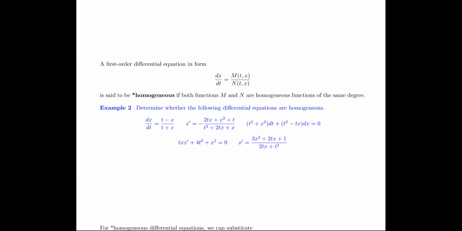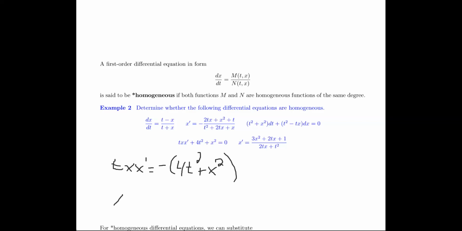If we look at this fourth one, we can move the 4t squared plus x squared over to the right side. So we get tx x prime is equal to negative 4t squared plus x squared. Then we can divide by tx.